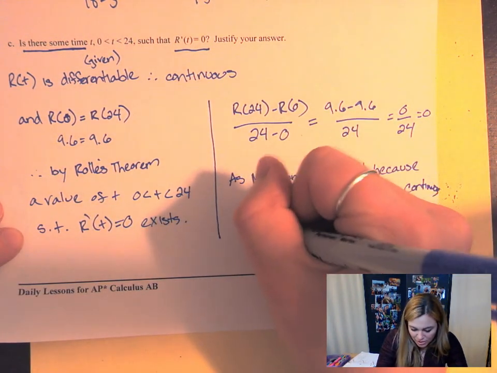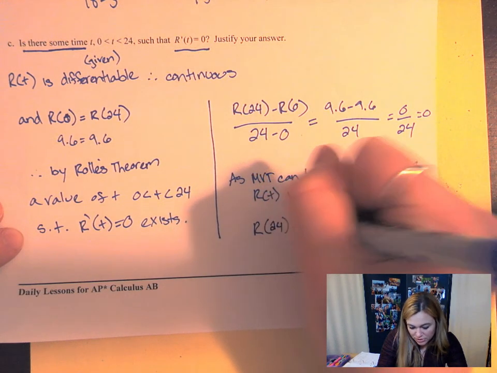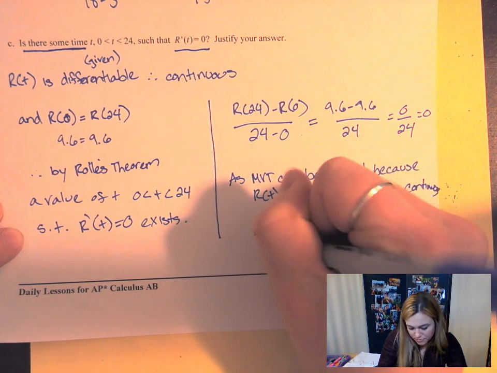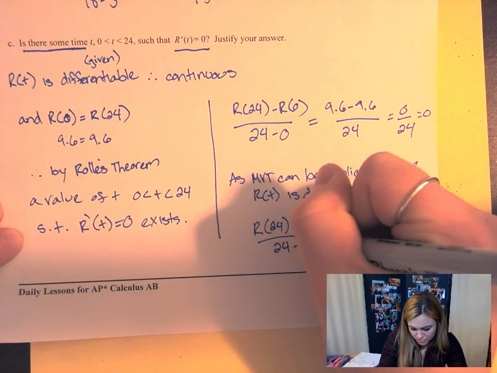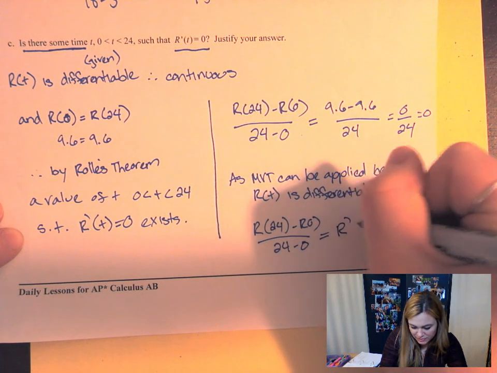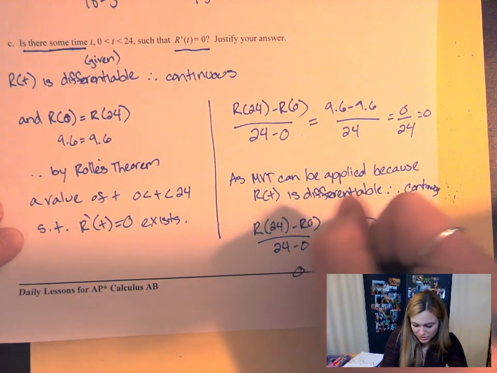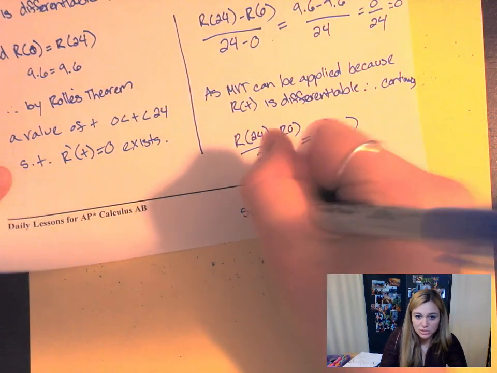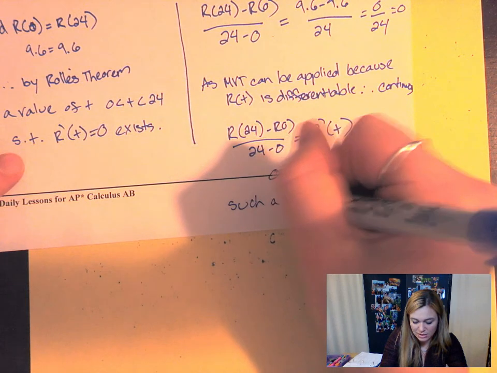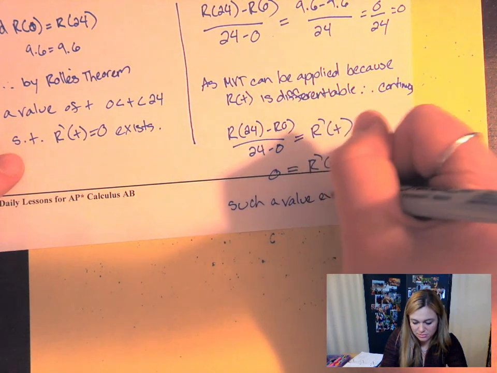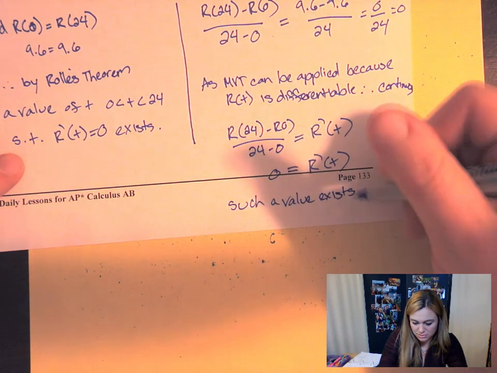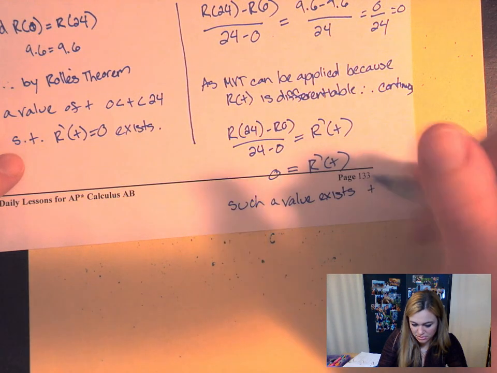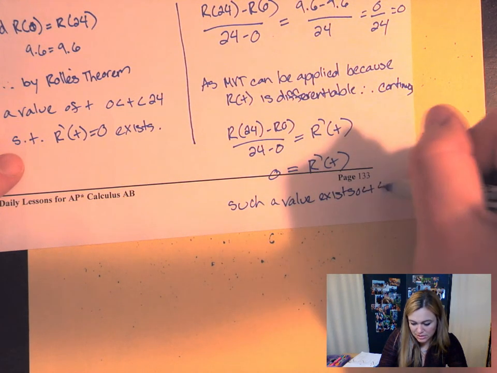There must be a value where r of 24 minus r of 0 over 24 equals r prime of t. We know this is 0, so this would be r prime of t. Such a value exists, t where 0 is less than t is less than 24.